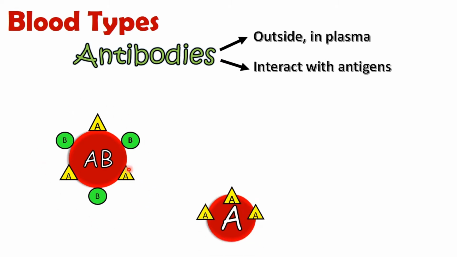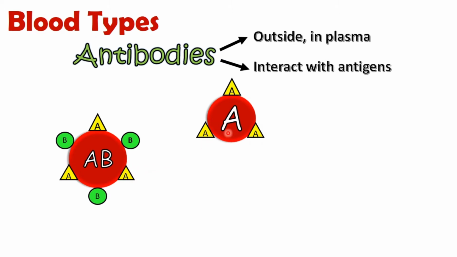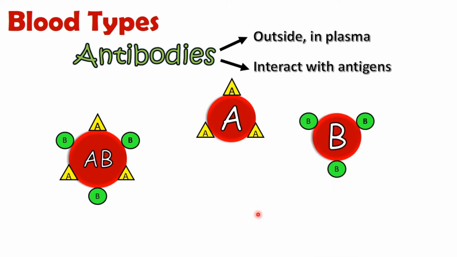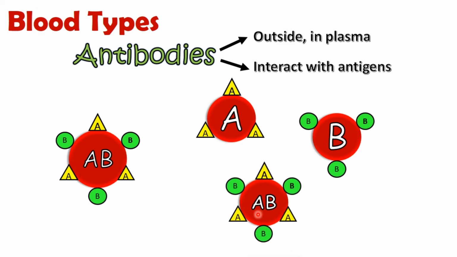So if the person came with antigen A, which is blood type A, there is no reaction because there are no antibodies and it does not trigger any immune response here. It is the same for a person with B blood type, AB blood type, and also O blood type.